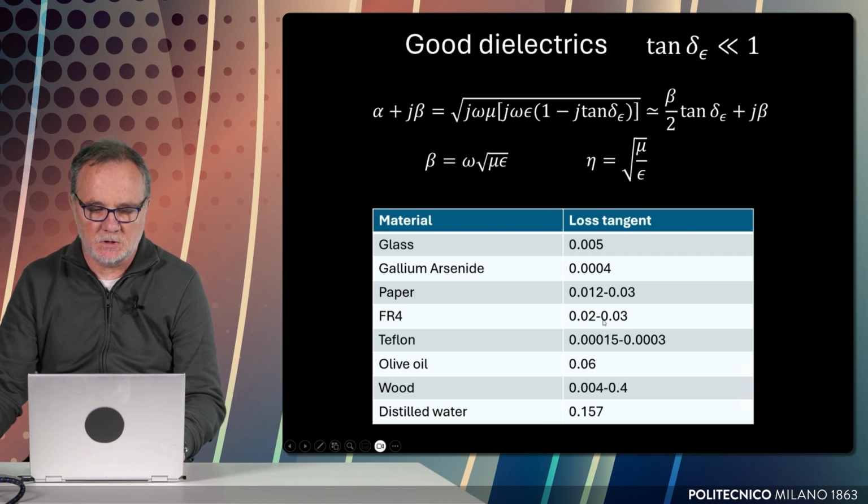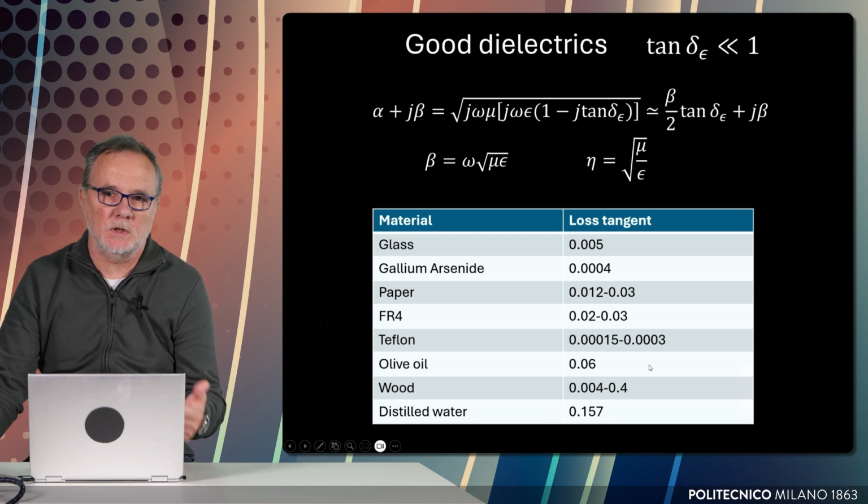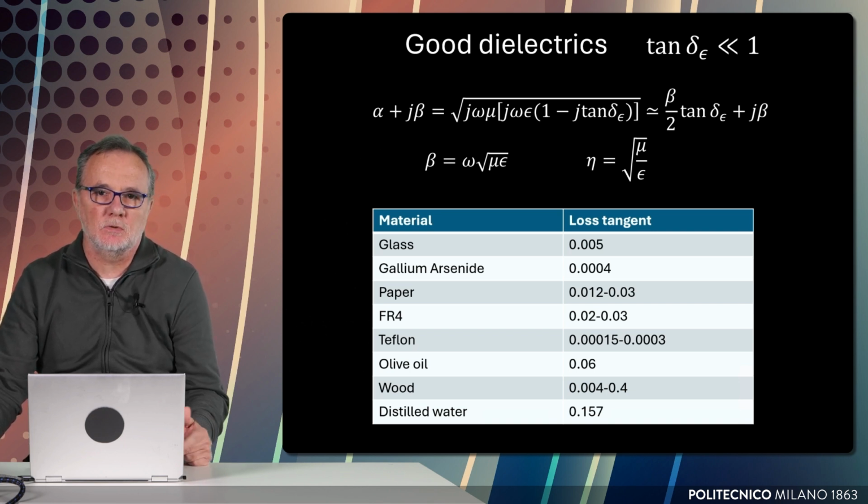Most of these can be considered good dielectrics, but some of these cannot, such as distilled water, for instance. When we are willing to use a specific material as a dielectric material for a circuit, for instance, we should take care that this material is a good dielectric, so its loss tangent is very small.